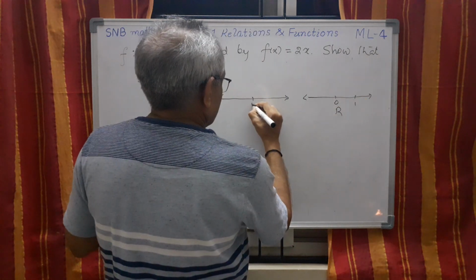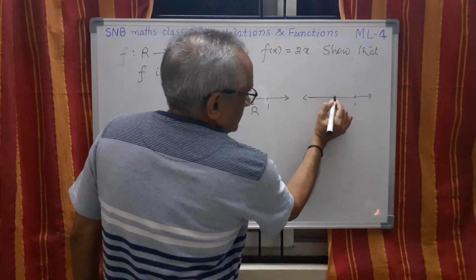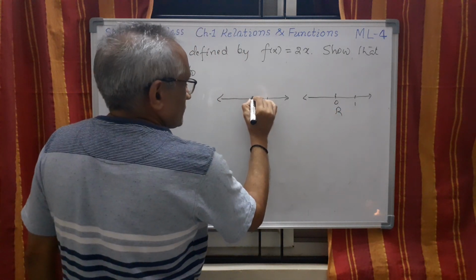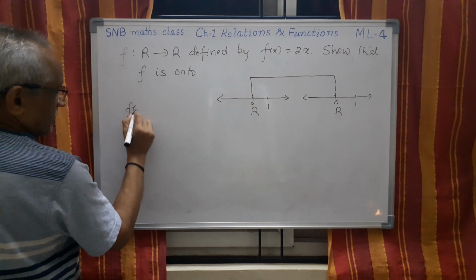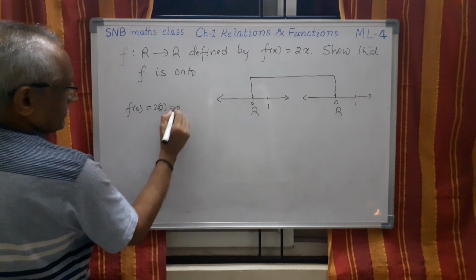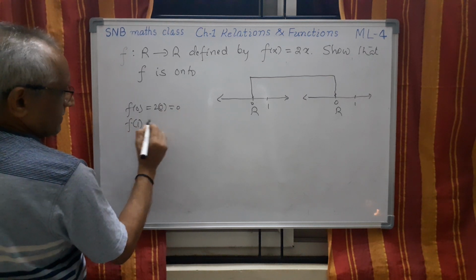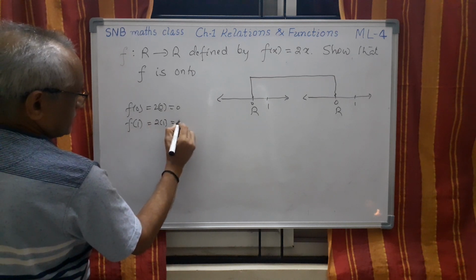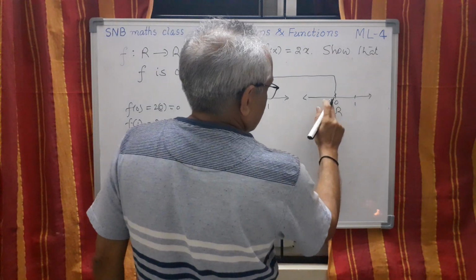Take 0: f of 0 will be 0 only, 2 into 0 is 0. Take f of 1: this will go to 2 into 1, which is 2.